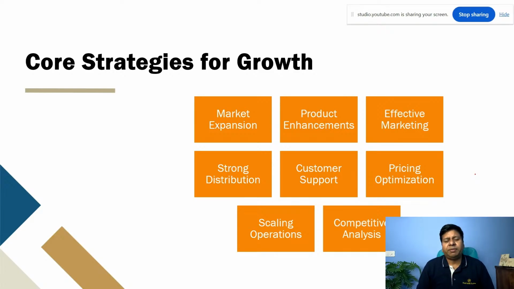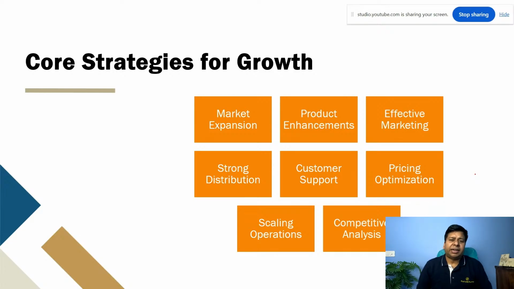But without a distribution channel, do you think people will buy that? You have to tie up with existing players. You may need to open your own retail stores and supply chain. A strong distribution system will be the key.